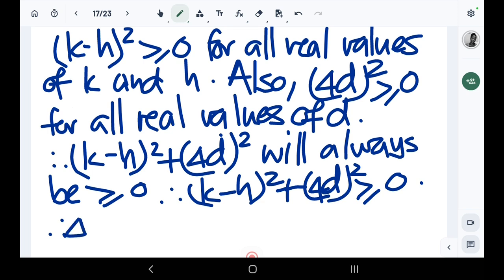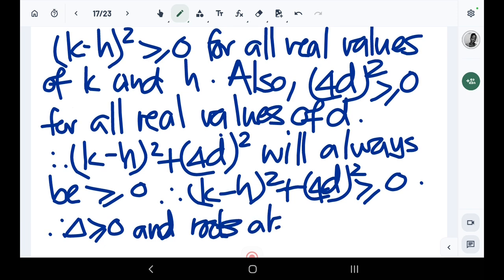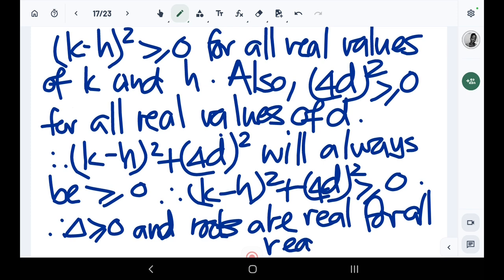Therefore, the discriminant will be positive, meaning that the roots are real for all K, H, and D. That's how we prove that.